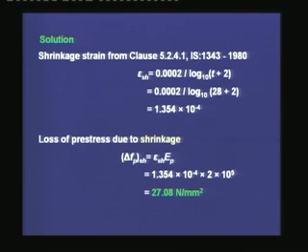The loss of pre-stress due to shrinkage is given as delta Fp with subscript Sh equal to the shrinkage strain times the modulus of the pre-stressing steel. And once we substitute the two values, we get a loss of pre-stress which is equal to 27.08 Newton per millimeter square.